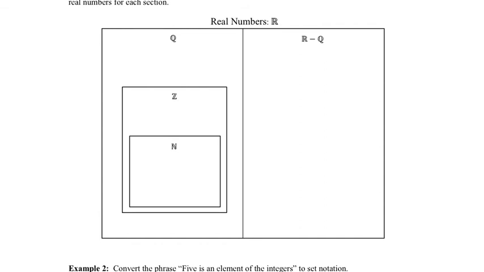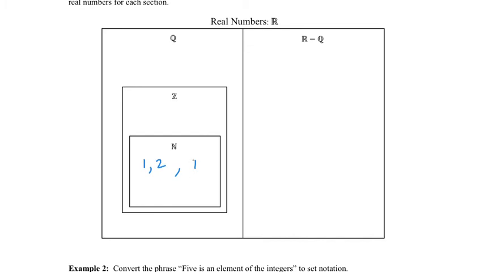Okay, so it's always nice to picture things, where these numbers land. So in this picture, we have real numbers, and we're supposed to write some examples in each section. So how about for the natural numbers? One natural number that we can think of is 1, or you could write 2, and something else that you could write.